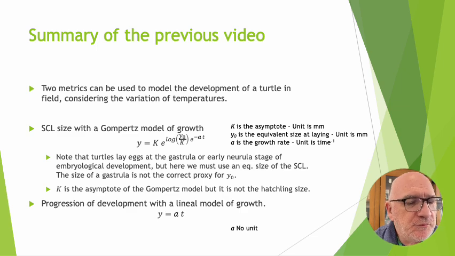If we use a progression of development with a linear model of growth, the model is simply y equals A times T, and A has no unit because we model a progression of growth from 0 to 1, but it has no real biological meaning.